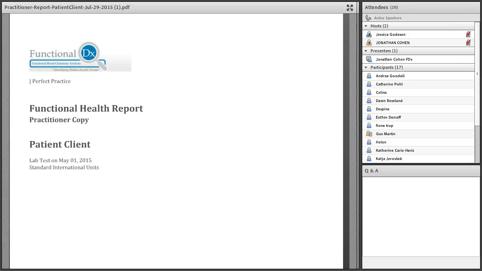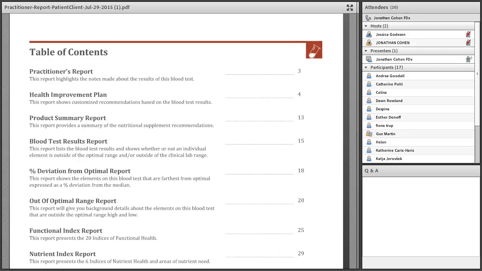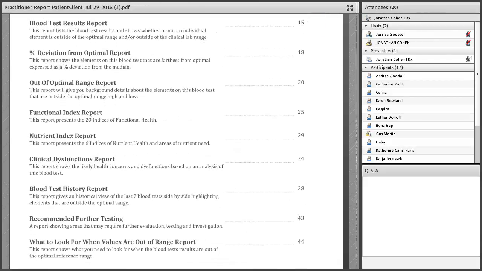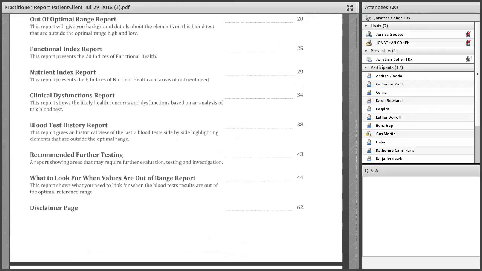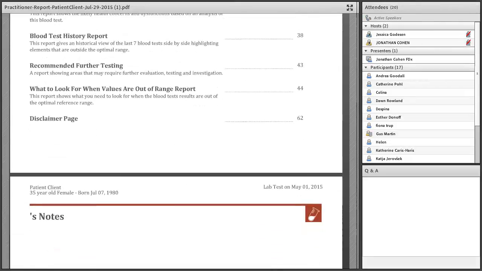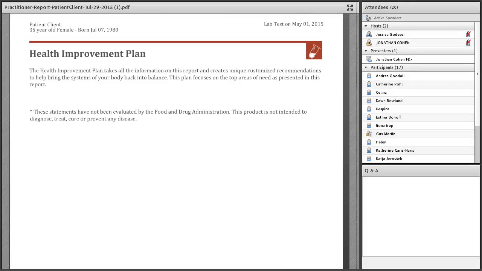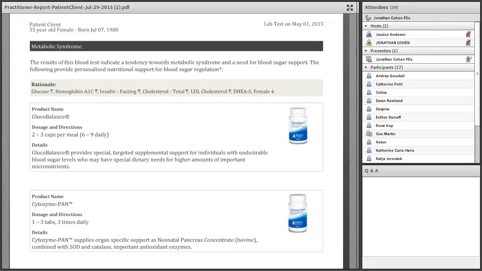this is patient-client. I've called the practice Perfect Practice. This is the report as it comes, and so you get a table of contents where these are related to in their index, and a disclaimer page, notes where notes would be appropriate, a health improvement plan, and then this is the bit I didn't show you before, but this is where you've got health issues, metabolic syndrome.